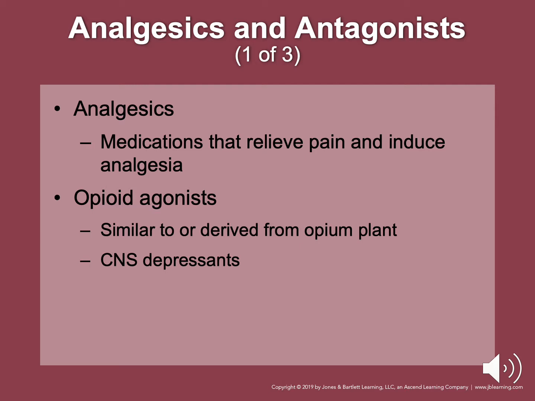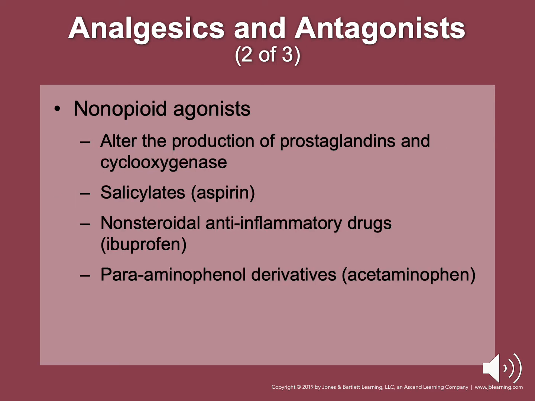Non-opioid analgesics alter prostaglandins through forms of salicylates. An example of that is aspirin. Aspirin targets the COX-1 enzyme to reduce platelet aggregation. And then you have the NSAIDs like ibuprofen, which reduce pain, inflammation, and fever.